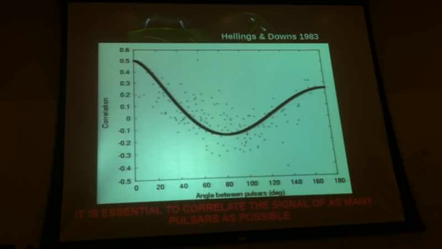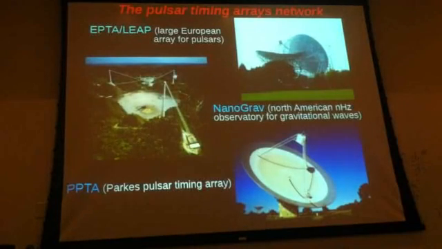And this is what people have been trying to do for the last 15, 20 years. And this is a growing enterprise. There are many people involved in this project, and these are the so-called pulsar timing arrays.